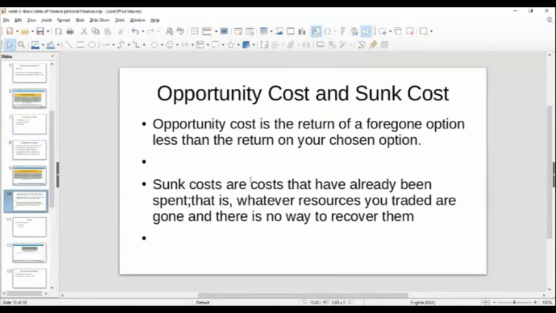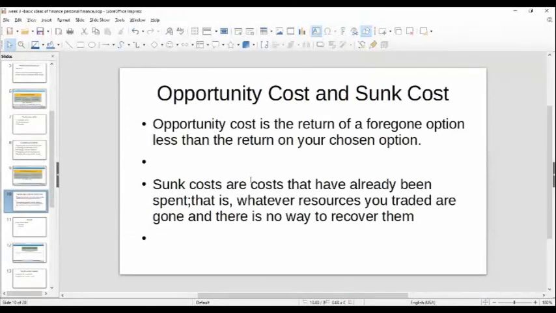For example, class, you have these two options to buy for yourself: buying boots or buying a jacket. So if you choose to buy the jacket and the foregone option is your boots, because you chose the jacket over the boots, the foregone option, which is the boots, is your opportunity cost.